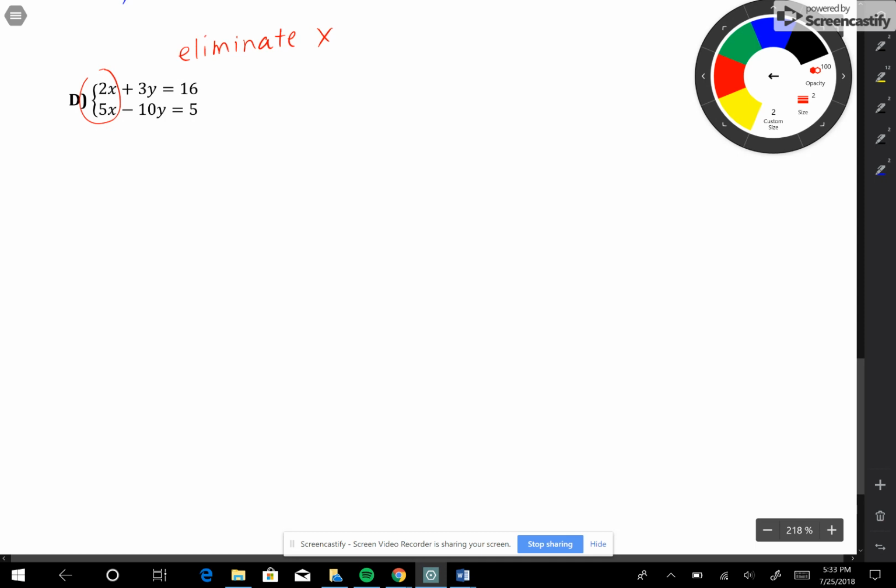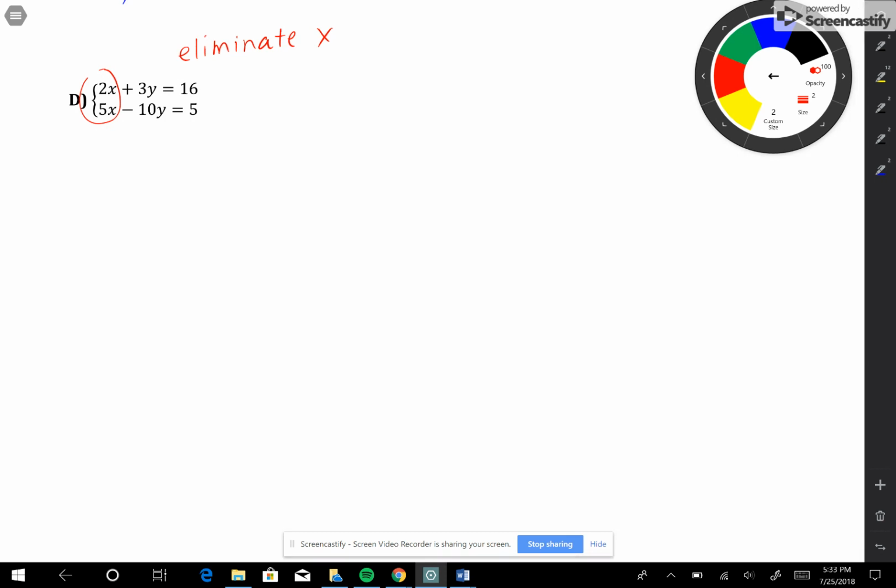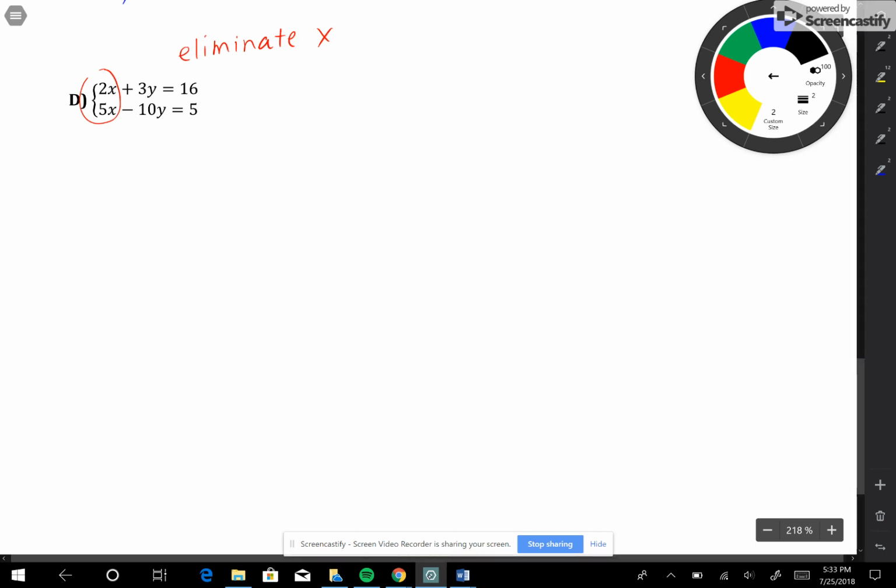And what I do is I just use the coefficient's least common multiple. So 2 times 5, that's 10. So I'm going to go for a coefficient of 10, which means the first equation I'm going to have to multiply by 5. The second equation I'm going to have to multiply by 2.